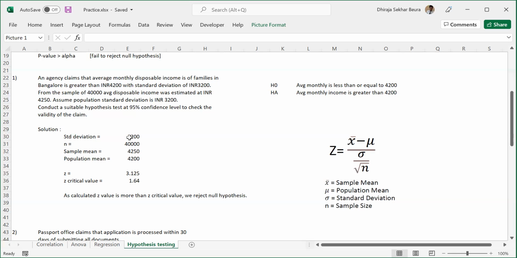So HA is greater than 4,200. Then our H0, the null hypothesis, will be less than or equal to 4,200.